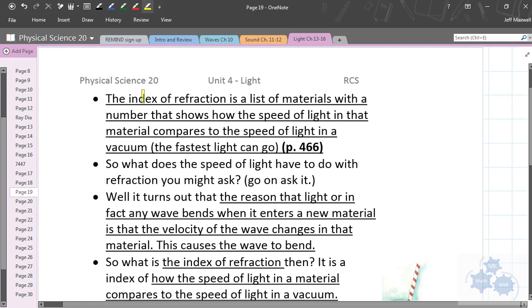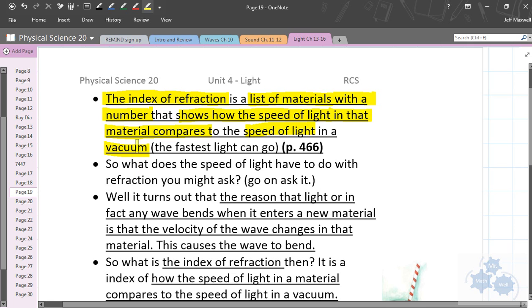The index of refraction, again, is a list of materials with a number. And what does it show? It shows how the speed of light in that material compares to the speed of light in a vacuum.